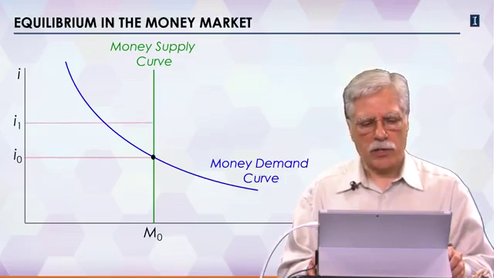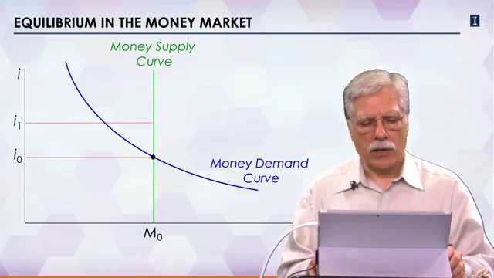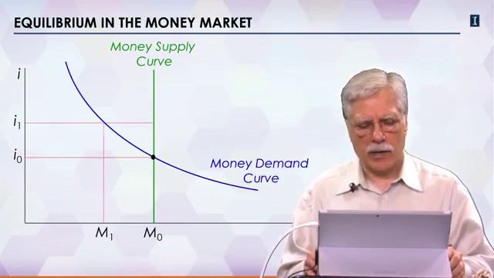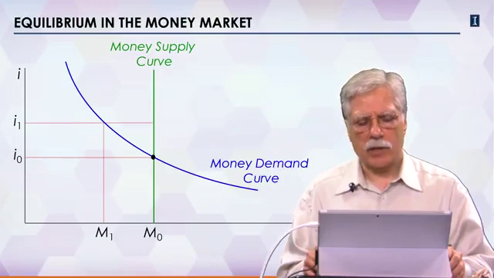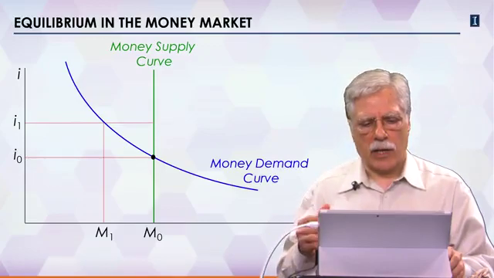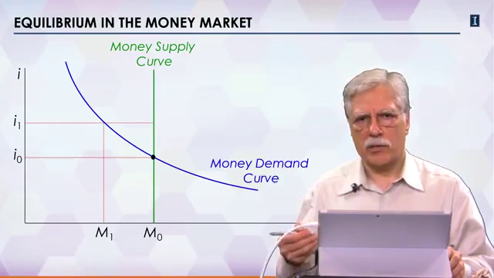If the interest rate is initially at a higher position, let's say I1, in this situation, people would like to hold M1 as the amount of money that they want to use for their transactions. The central bank is providing M0, and that additional money available to people is not something they want to hold, so they want to turn it into interest-bearing assets.